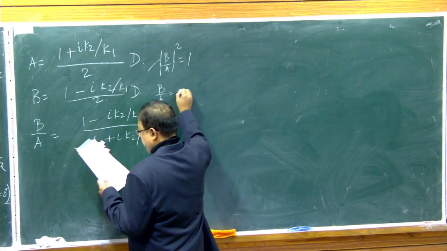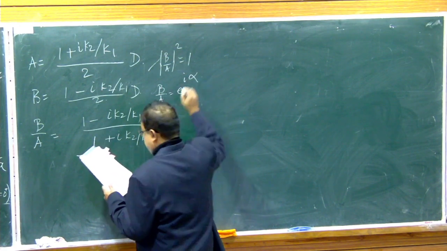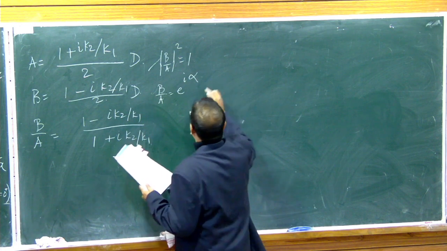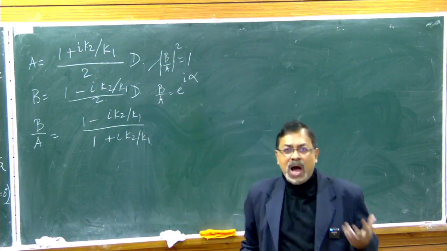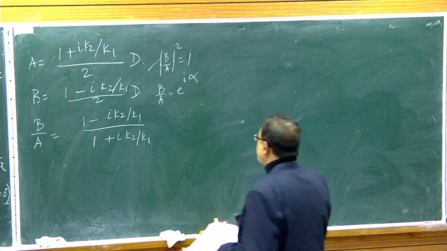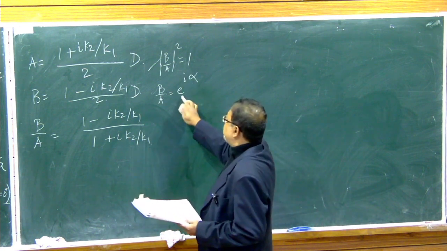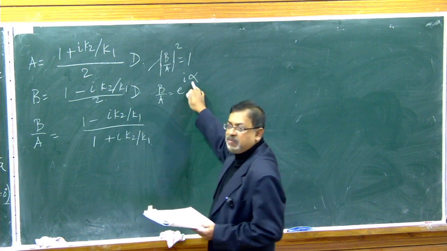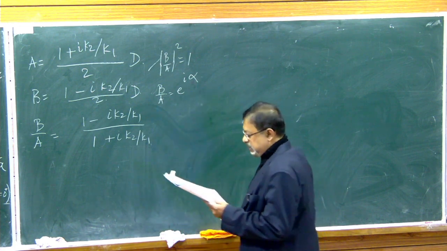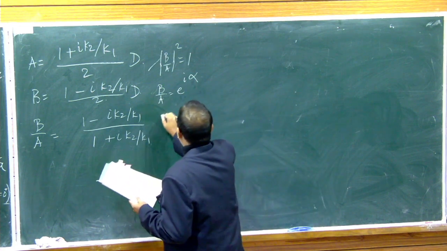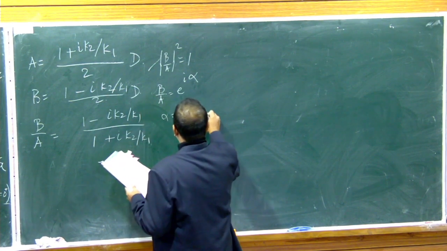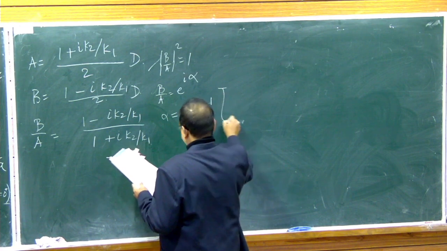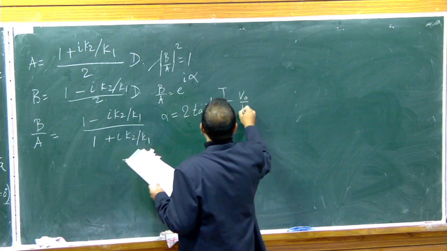it's equal to exponential I alpha, where, if something has modulus 1, then you can write it as exponential I alpha, because exponential I alpha into exponential minus I alpha will give you 1 as well, and this alpha is then defined as 2 tan inverse of minus V naught by E minus 1 and so on, whole to the power half.